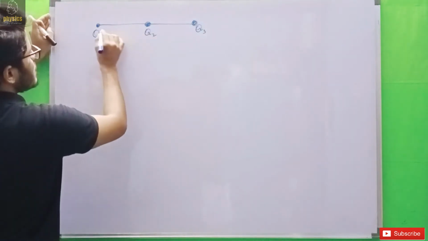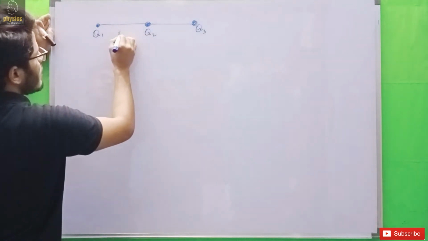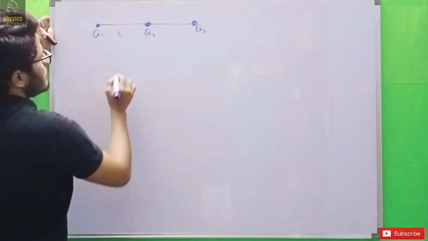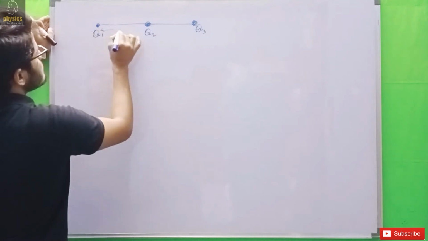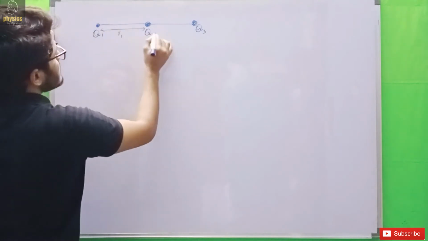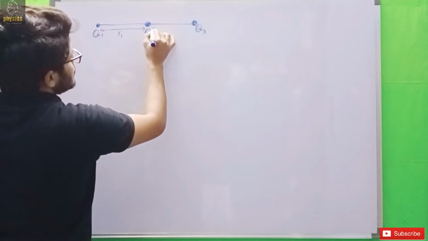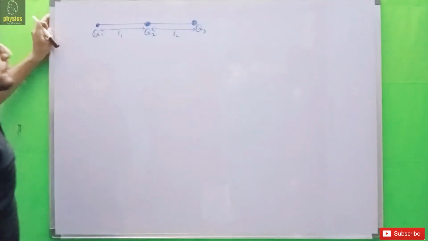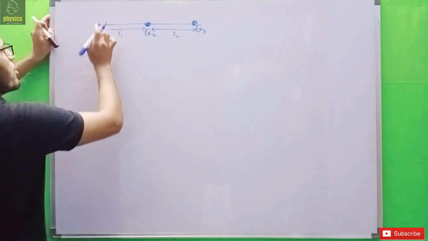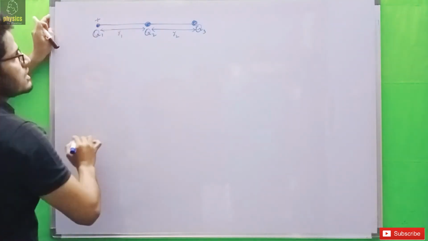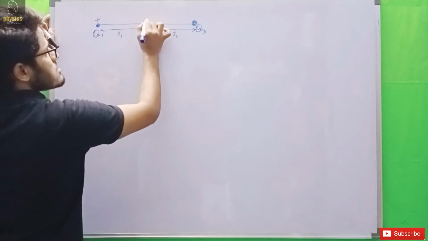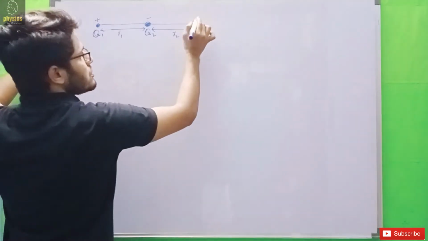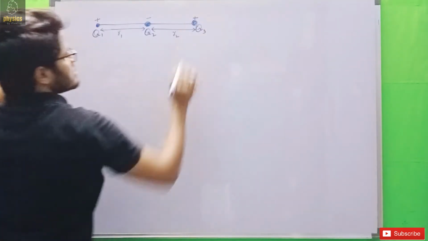The distance between q1 and q2 is r1, and the distance from q2 to q3 is r2. The charge on q1 is positive, the charge on q2 is negative, and the charge on q3 is again positive.